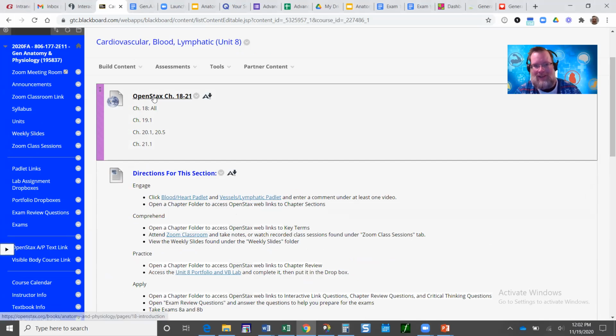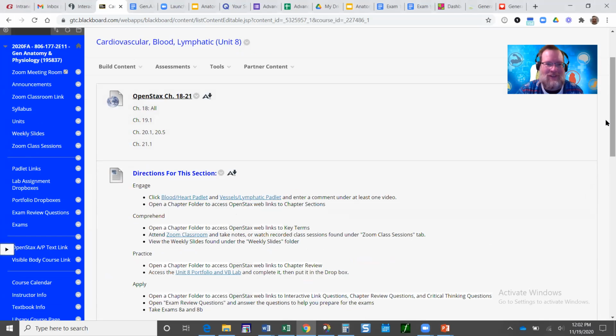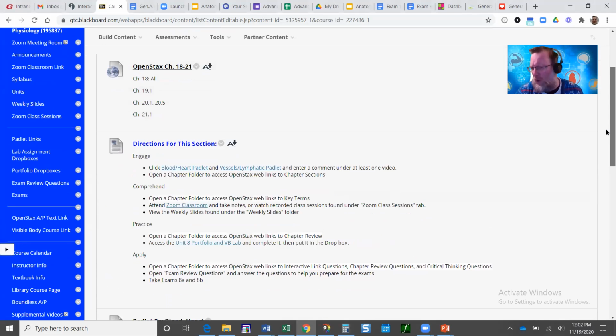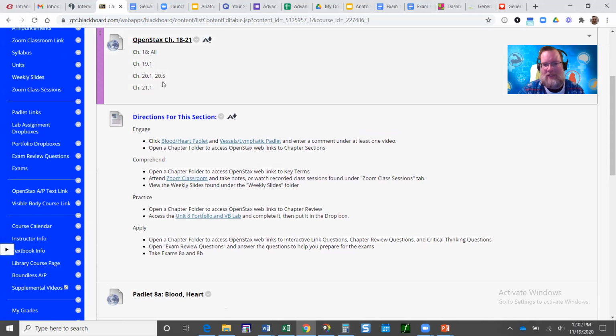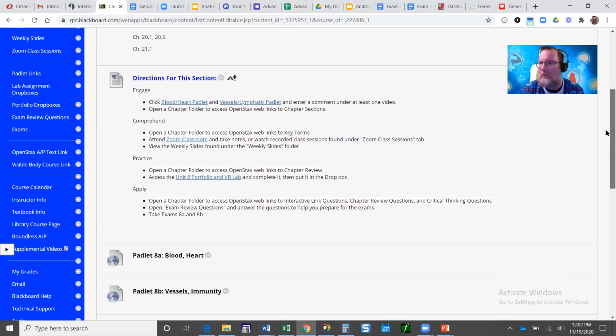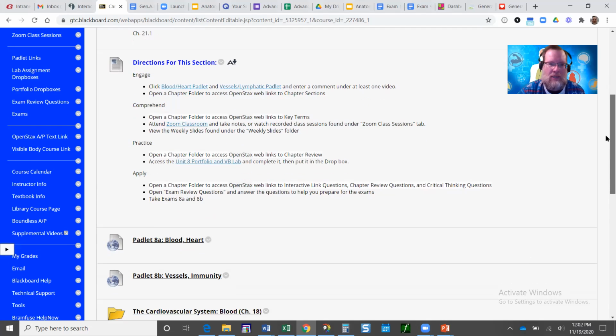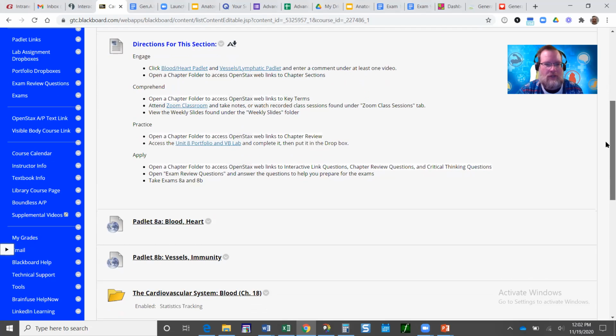You don't need to read all 4 chapters cover to cover or beginning to end. You can simply go with 19.1, 20.1, 21.1, and generally all of Chapter 18. And then 20.5 gets into some of the blood vessel specifics that you'll be able to find when you're doing your ID or identification exercises.